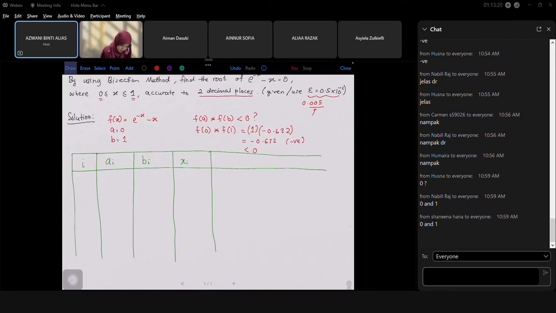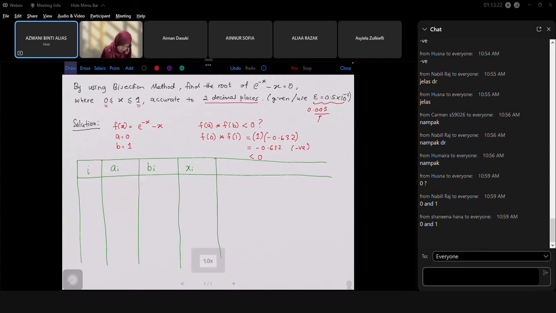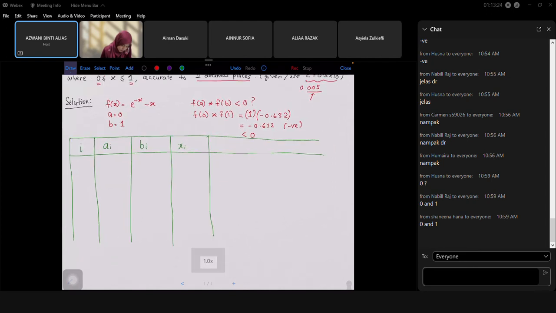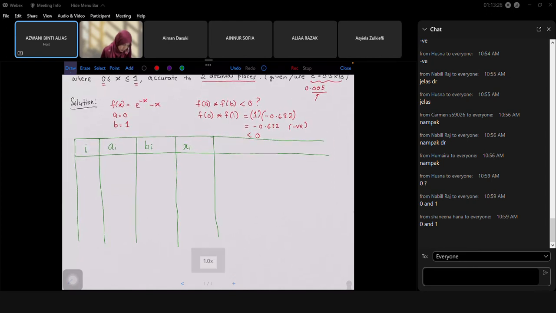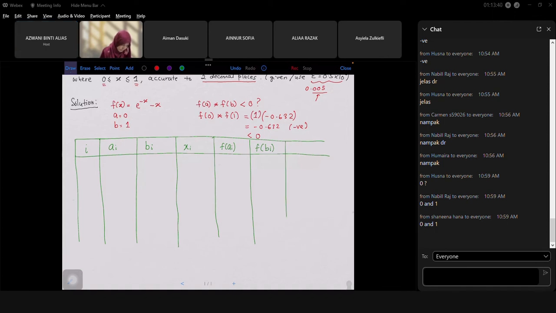You boleh calculate and do it in your own notebook. So apa yang kita perlu cari lagi dalam kita punya ni? Kita kalau boleh cari the value of AI lah, sebab kita nak calculate kan between AI and BI tu. Macam ni lah kot. So that is the final.